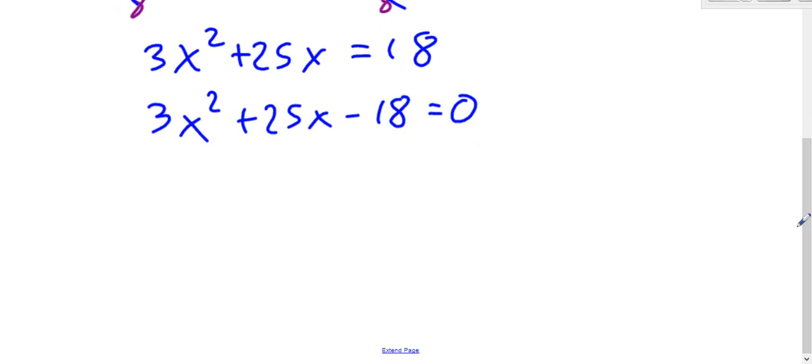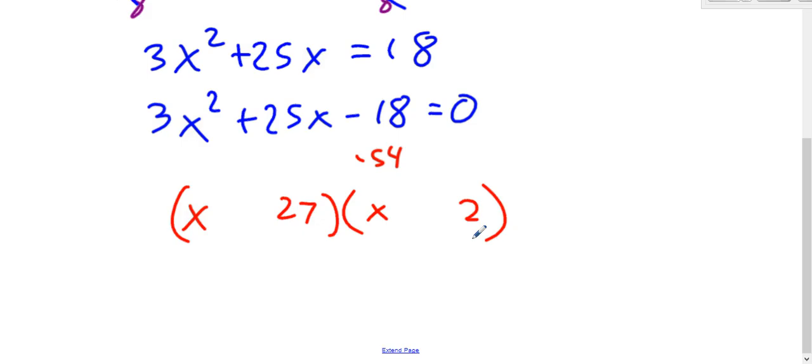Now to factor, I like to do the bottoms up where you multiply the front to the back. So 3 times negative 18 is negative 54. So we're looking for numbers that multiply to be negative 54 and add to be 25. That would be 27 and 2. And to be a positive 25, it would have to be a positive 27 and a negative 2.